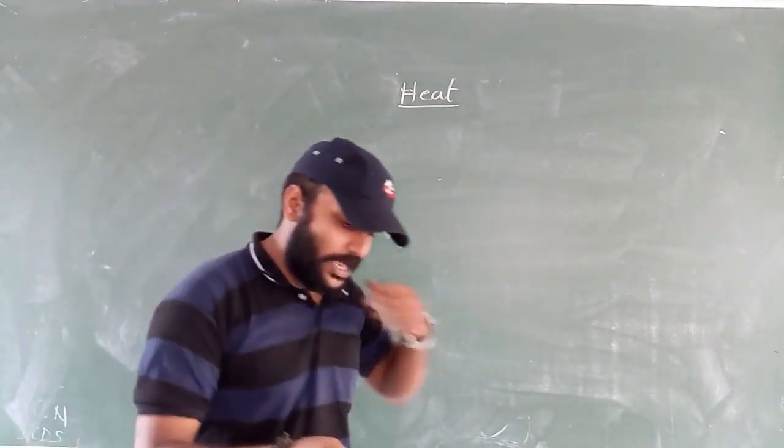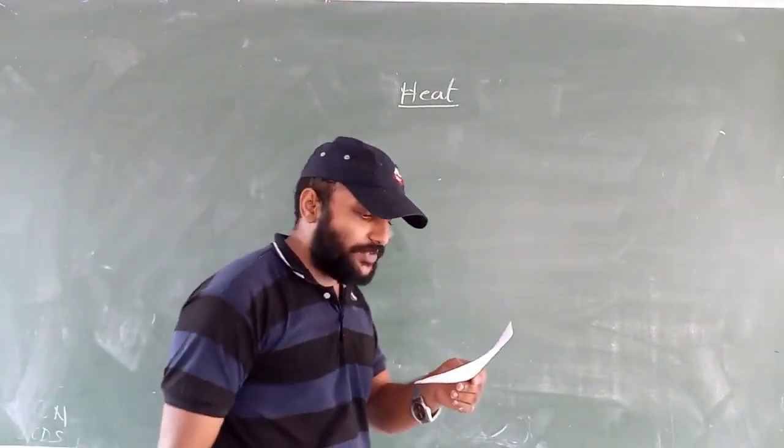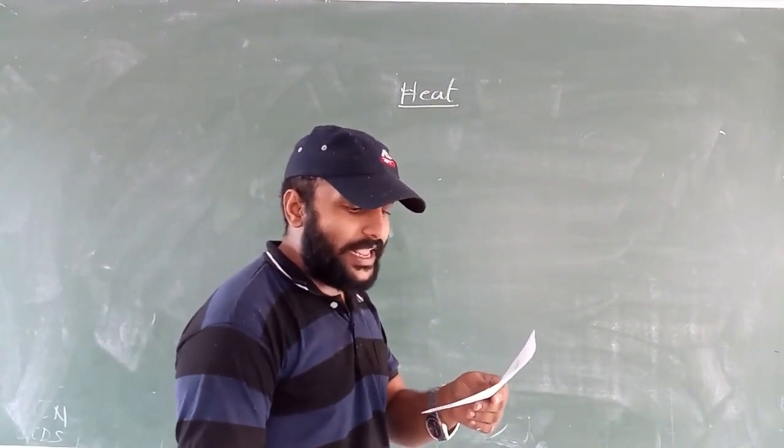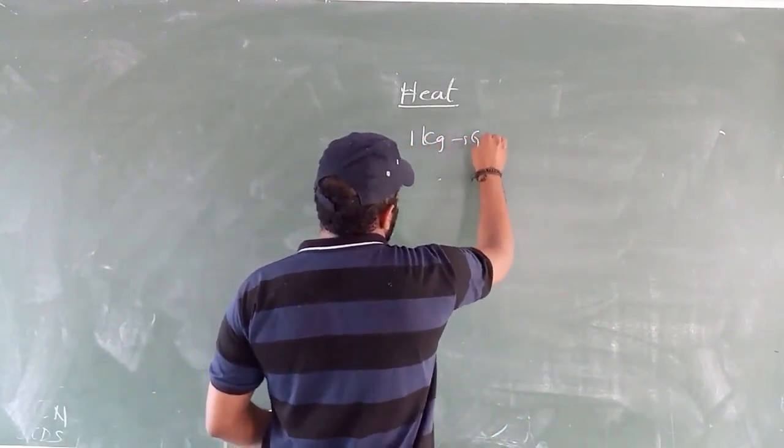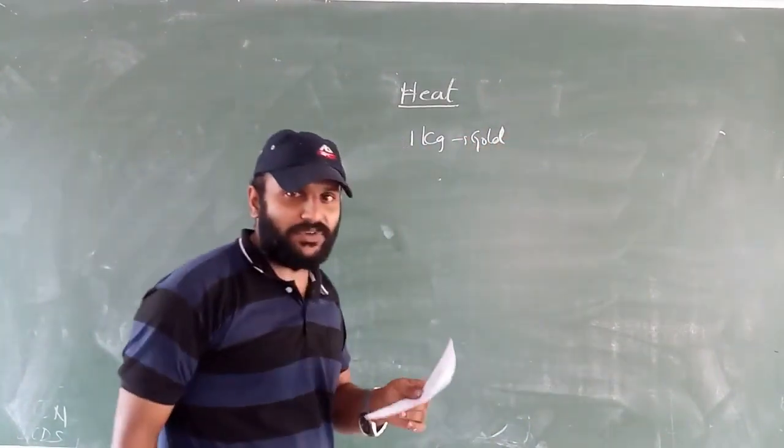So here comes one graph problem. What is given? A graph shows the variation in temperature of 1 kg of gold. How much have they given? 1 kg of gold. For that, they have given one graph.